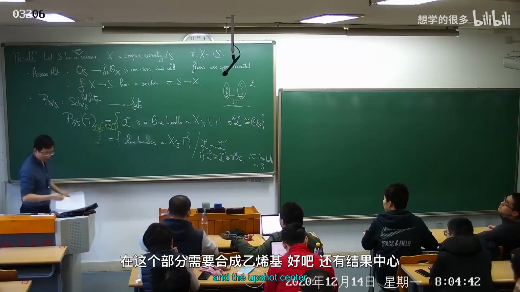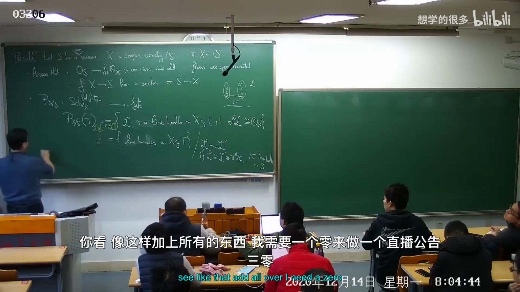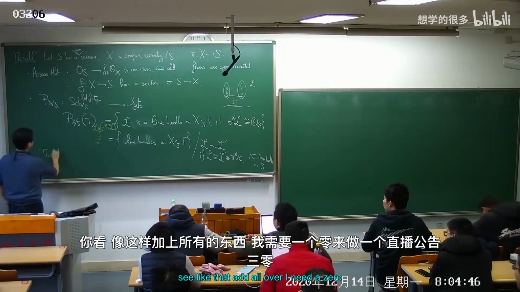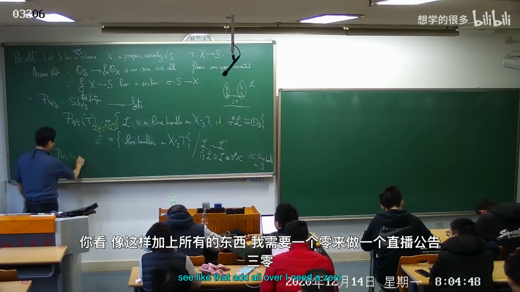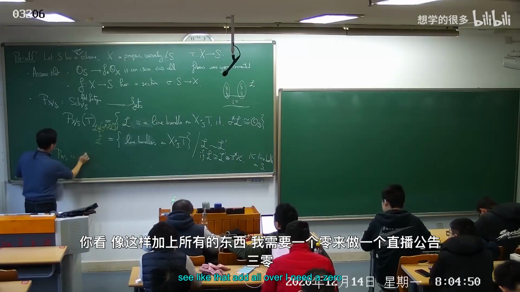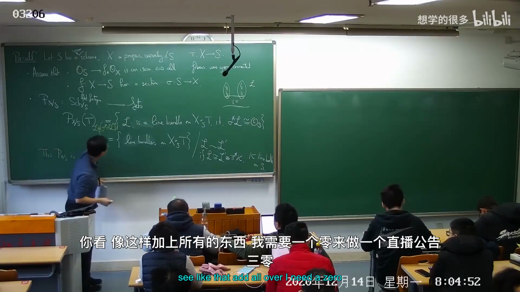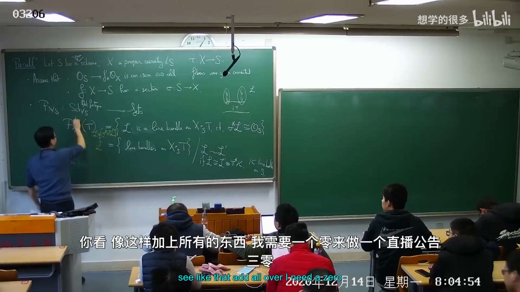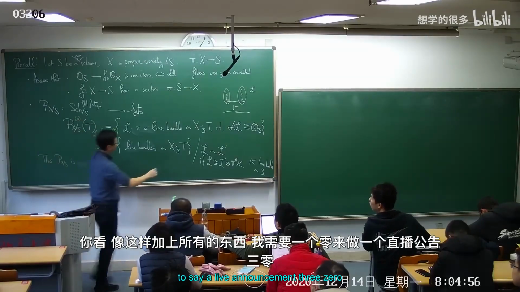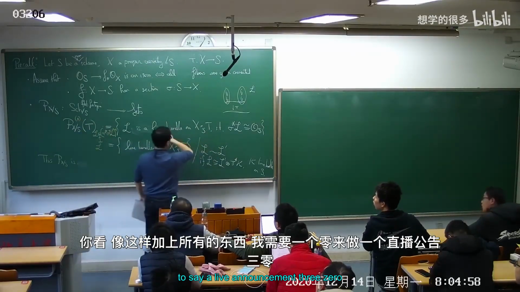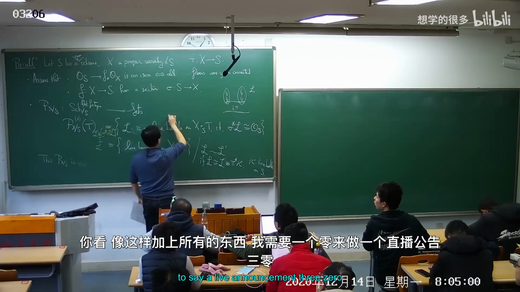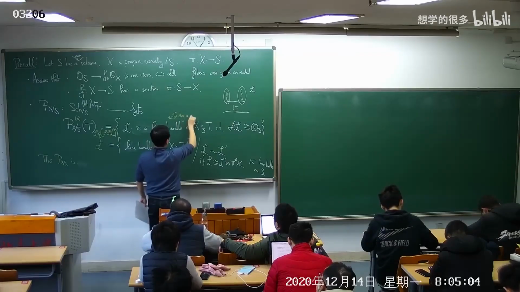Okay? And the upshot of this is Pic_{X/S}. Add a little bit of things. I need a 0 here. This is a line bundle of degree 0 on each fiber.